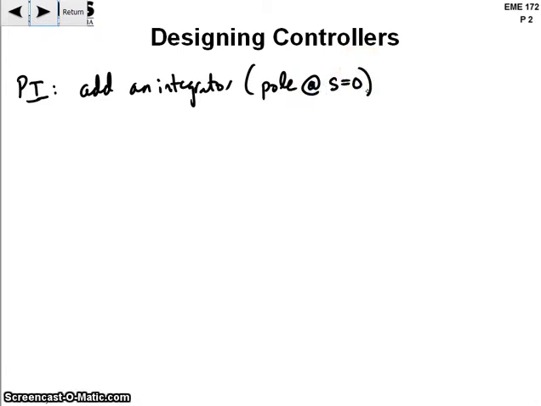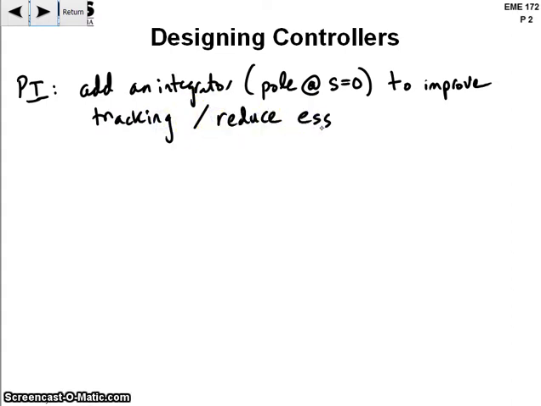And what does this do? It helps us to have low steady state error. So it will improve our ability to track a reference input, or equivalently, to reduce the steady state error.